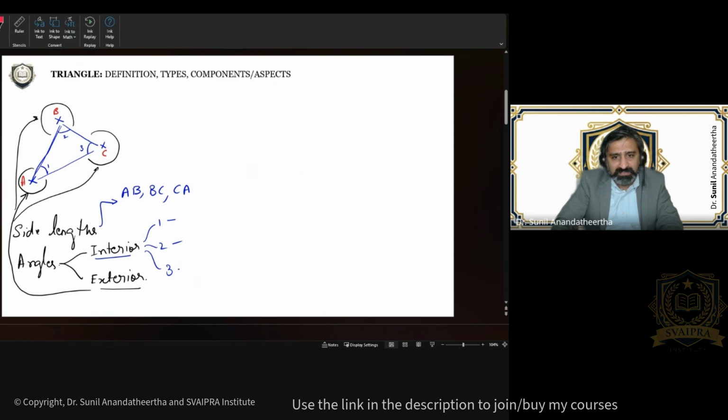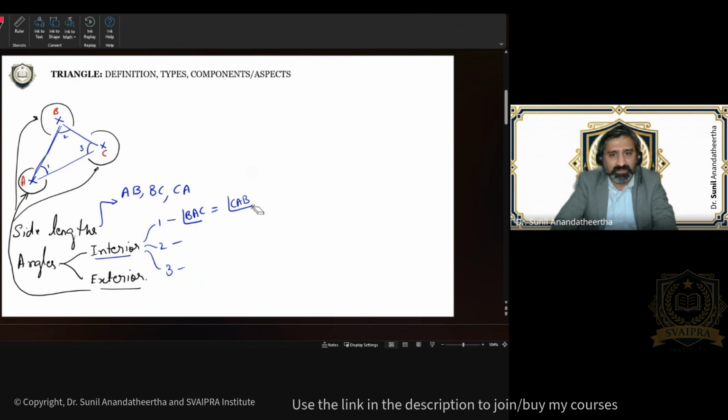So how do I write angle one? Angle one is written as angle BAC, which is also equivalent to angle CAB. It doesn't matter whether you go from one side to the other. What matters is what is at the center, BAC or CAB. The center one remains the same, so they both are the same angle.